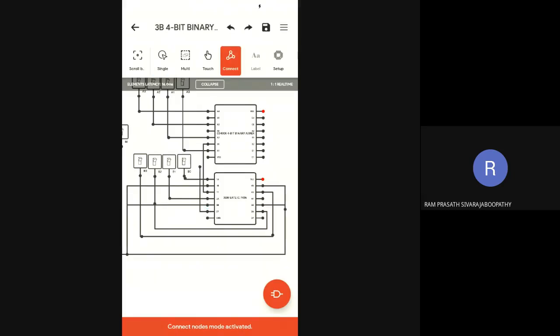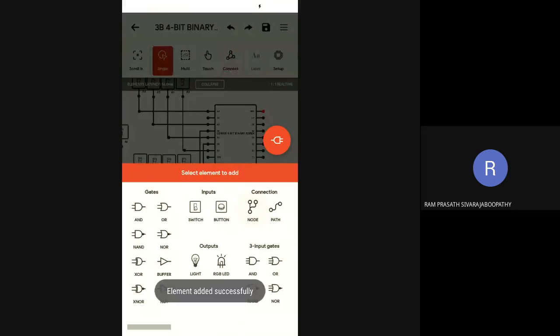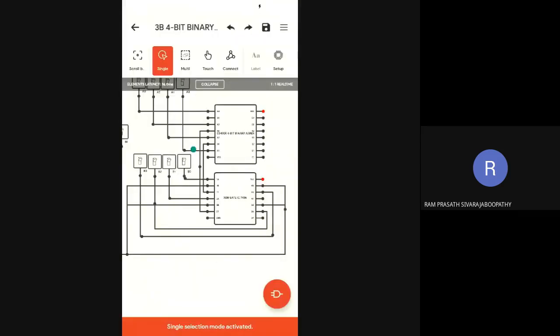Where should I take 2Y and give? It has to be given to V2. Fine. Then one more node I'm going to use. I'm going to connect 3Y. Okay, 3Y. Where should it be connected? 3Y has to be connected to V3.